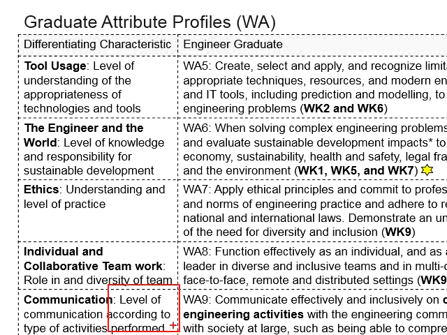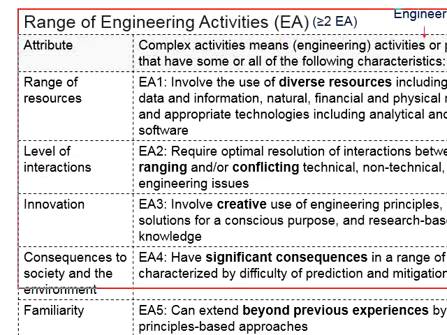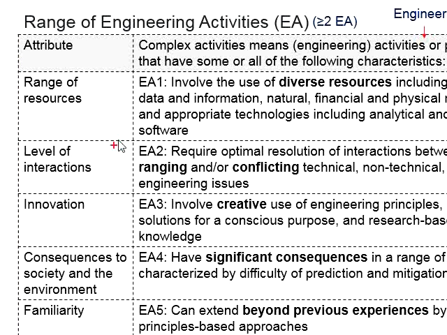The levels of communications according to the type of activities performed. That will be WA9. Communicate effectively and inclusively on complex engineering activities. When we see the terms complex engineering activities, there are proper definitions of complex engineering activities.